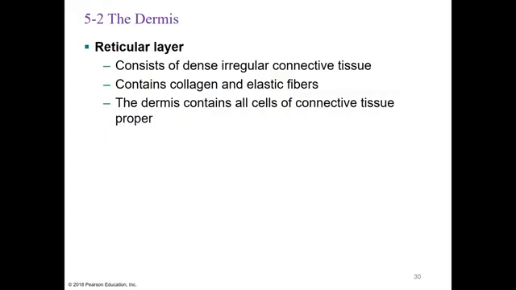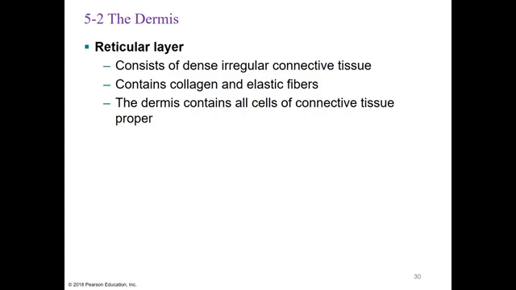The reticular layer is made of dense, irregular connective tissue. Again, throwback to Chapter 4. That one's really helpful as we start talking about other organs and organ systems. Dense, irregular connective tissue has a lot of fibers in it that make it very stretchy and tough.